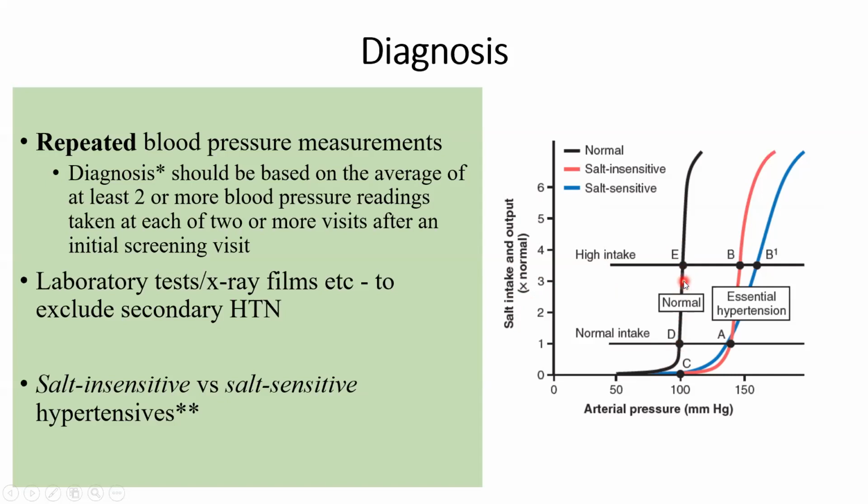It just moved nicely vertically along. When the person was at normal intake, his blood pressure was around 100. And when you increase the intake, maybe slightly a few degrees to the right, but negligible really. And where did that extra salt and water go? The kidneys threw it out, because this is a normal person we are talking about.